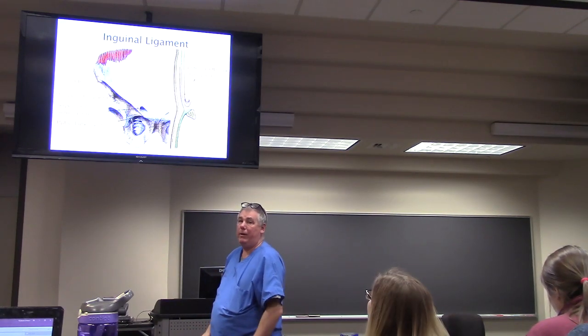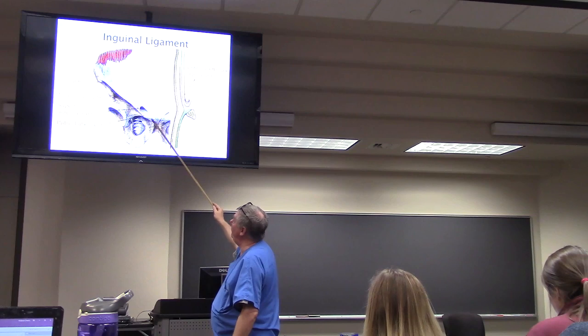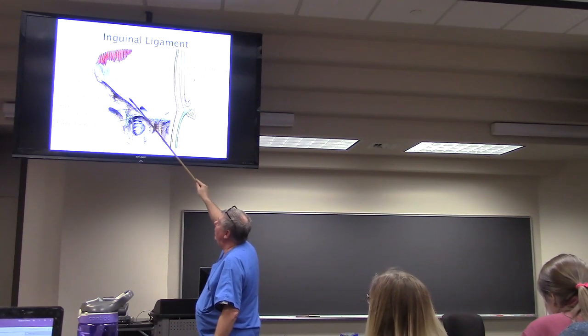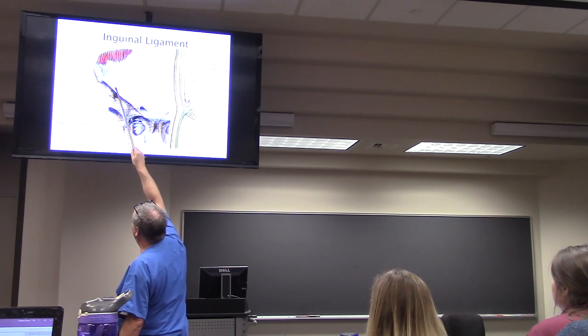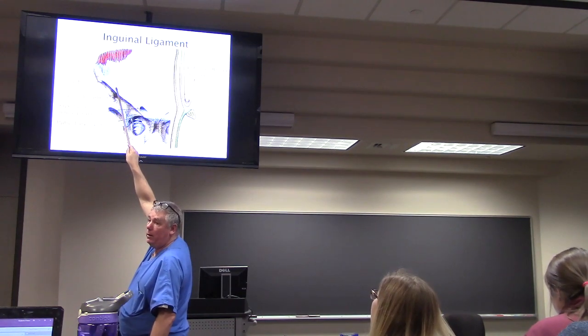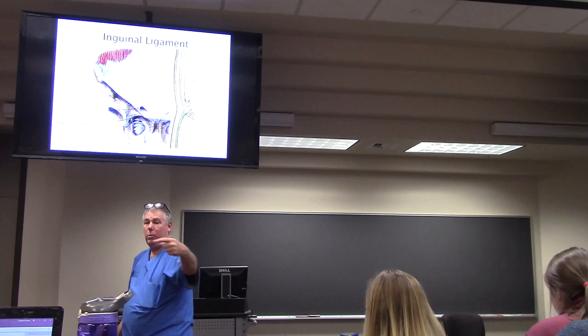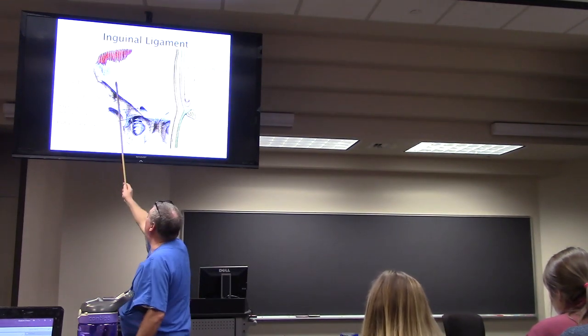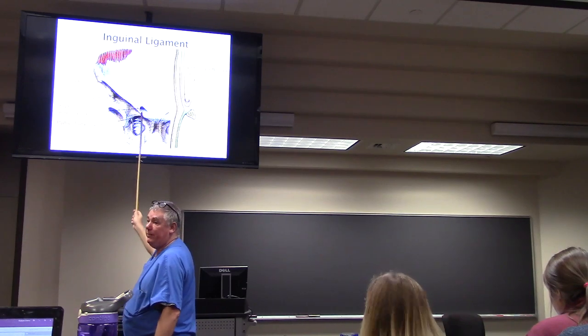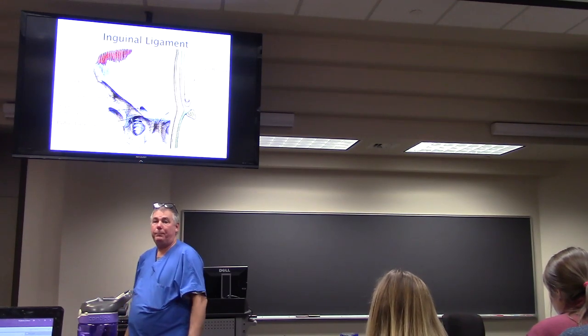If I take my finger and pass it through that superficial ring on up into here, I'm going to be able to pass it through the deep ring out here. Remember, the deep ring is going inside the abdomen. This forms, between the deep ring and the superficial ring, the inguinal canal.